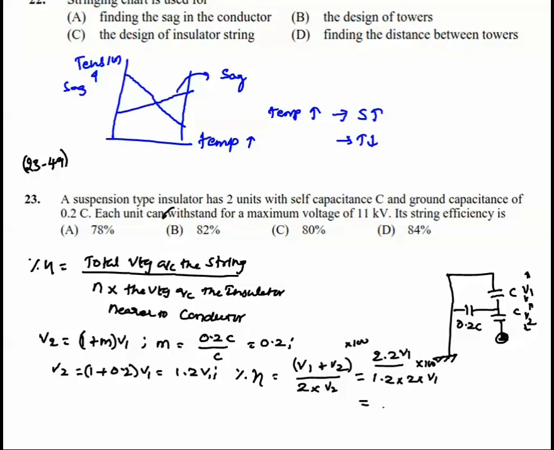You will get approximately 91.6%. None of the options is equal to this value, so for this problem there is no solution in the options. The actual answer is 91.6.